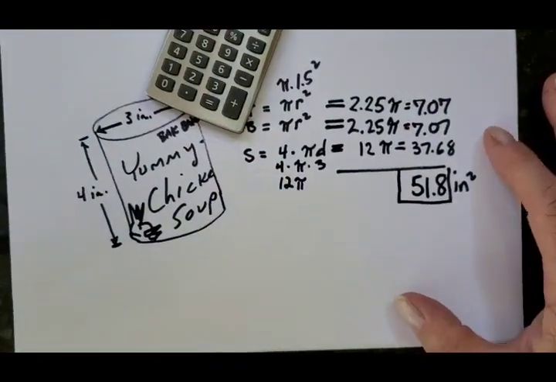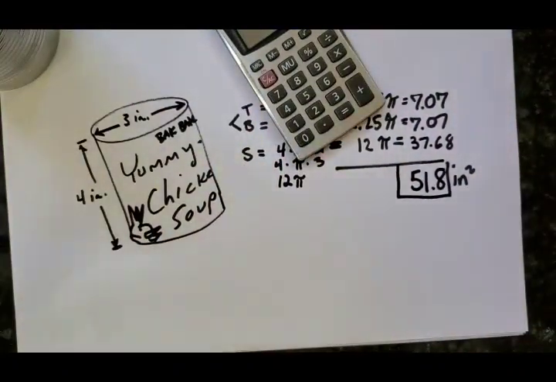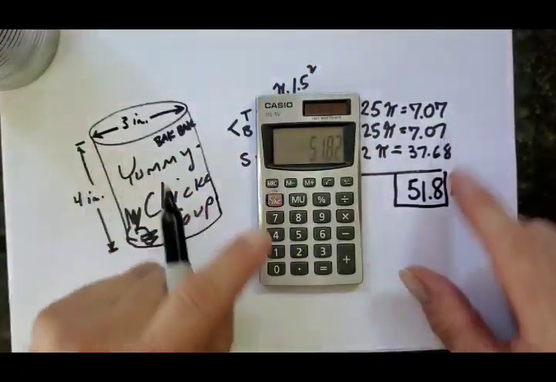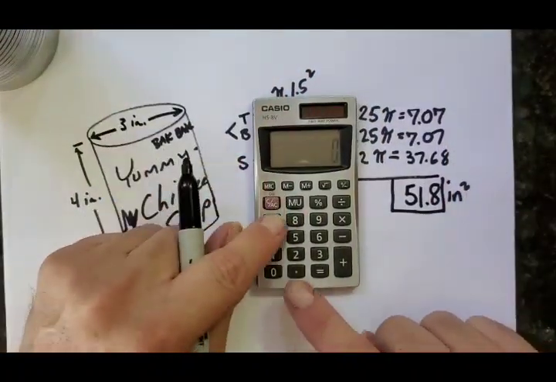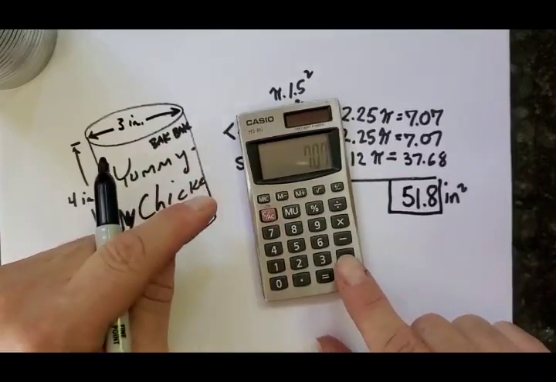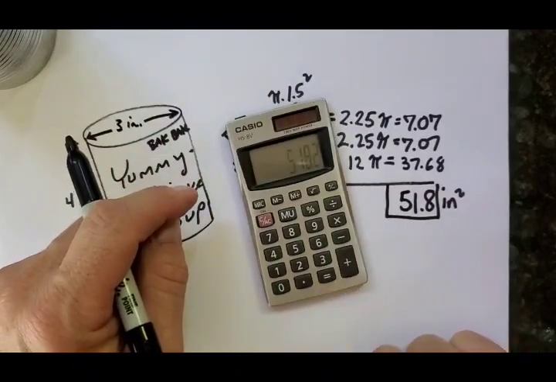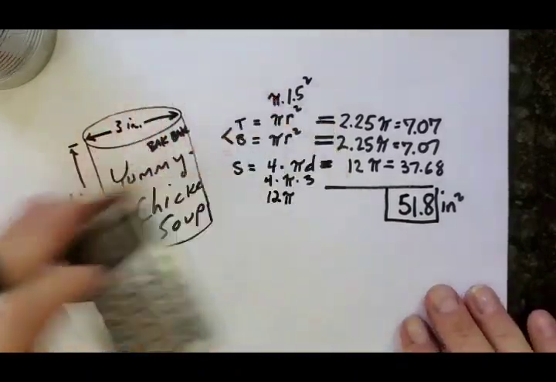Thinking about it, is that reasonable? Okay, I think so. I could double check this again. Never hurts. .8. There you have it.